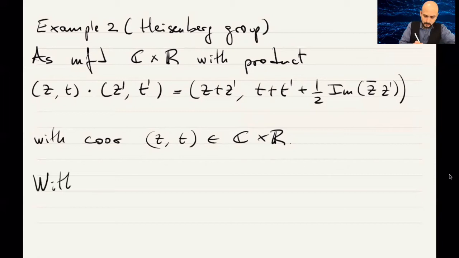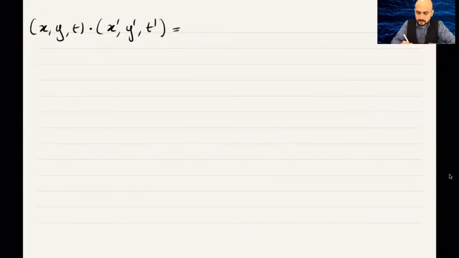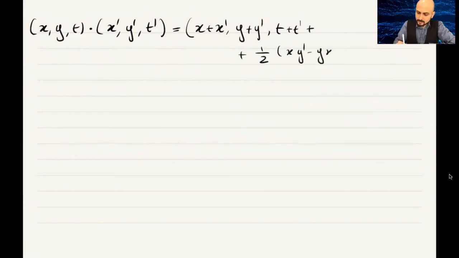With coordinates x, y, t in R3, we have (x, y, t) times (x', y', t') equal, I claim, to (x plus x', y plus y', t plus t' plus 1/2 (x y' minus y x')).